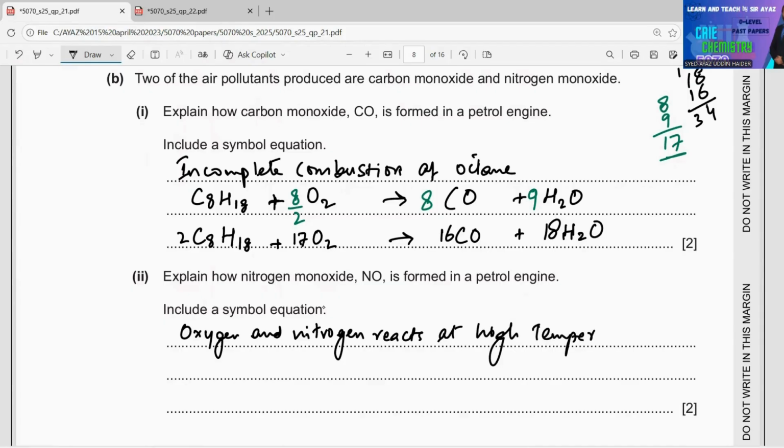Whenever you start the engine, there will be a spark. So this is also high temperature. Now the reaction equation, this will be the reaction between nitrogen gas and oxygen gas. The formula of oxygen gas is O2, nitrogen gas is N2. The product they have already mentioned, which is NO. So you write 2 moles of NO here. So this will be the final reaction equation. Let's move to the next question.